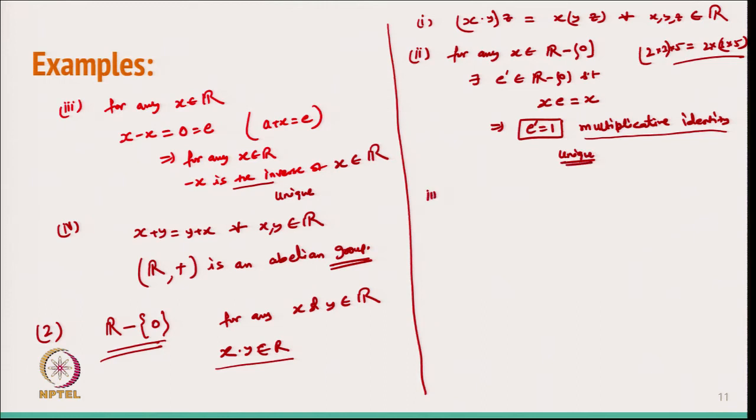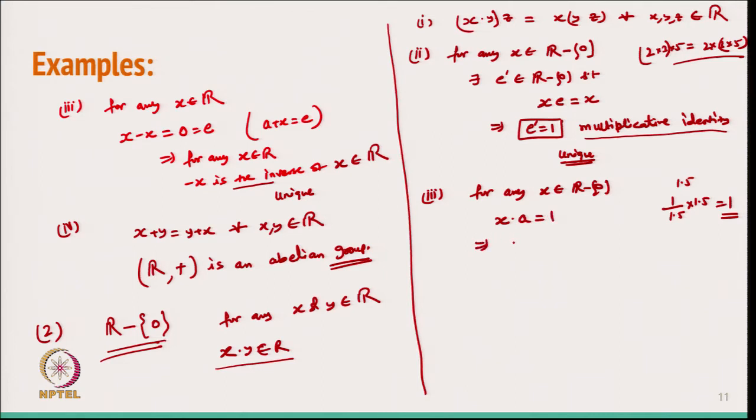The third one is, in the third case I need to find out the inverse. For any x belongs to my set, if I take any real number 1.5, then 1 over 1.5 into 1.5 is going to give me 1. So, for any x belongs to this, I need A such that I get value 1.